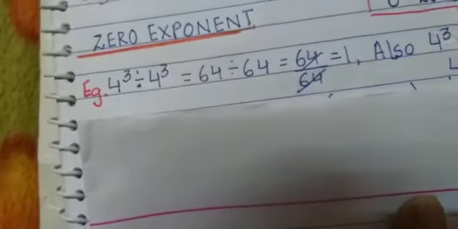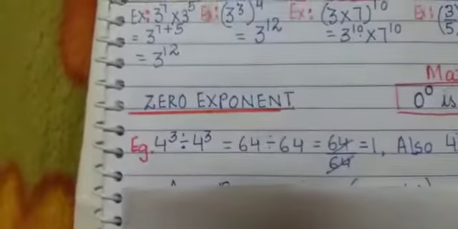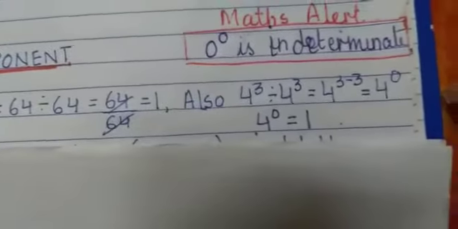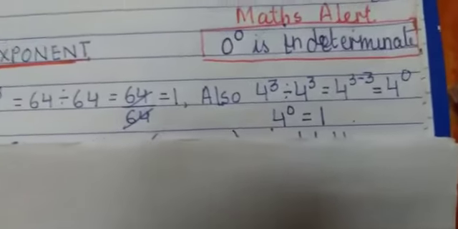That 4 to the power 0 is equal to 1. Since the same question must give the same answer. So, what conclusion have I come to? That 4 to the power 0 is equal to 1.